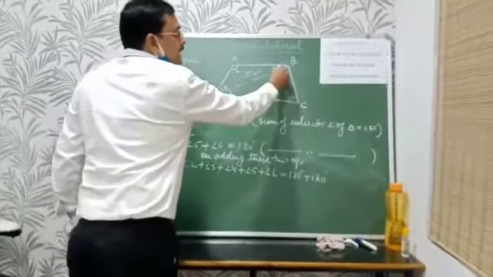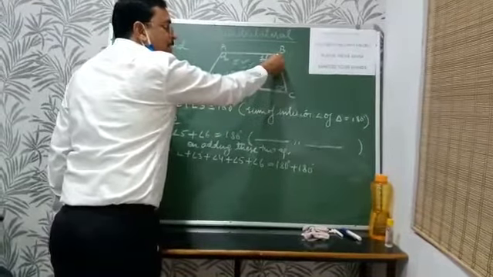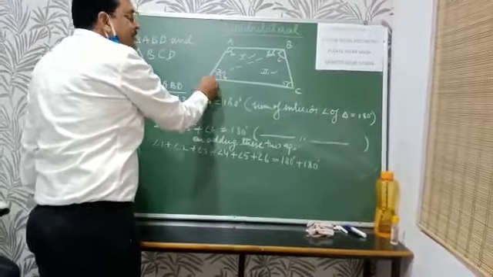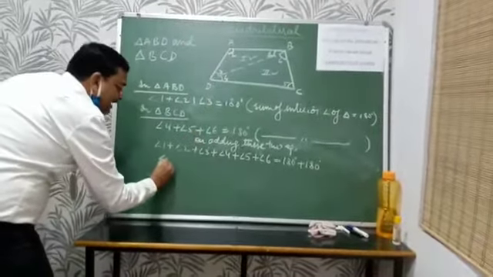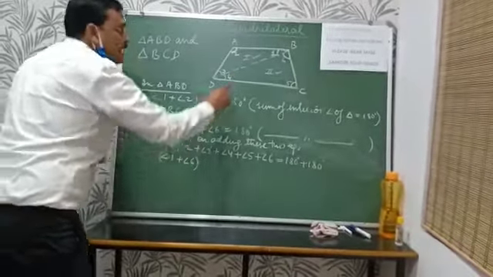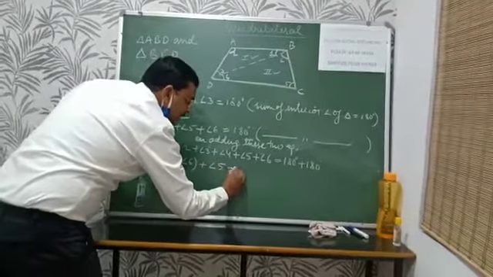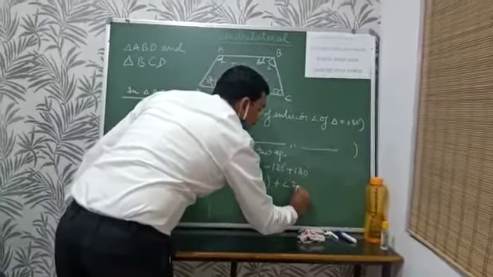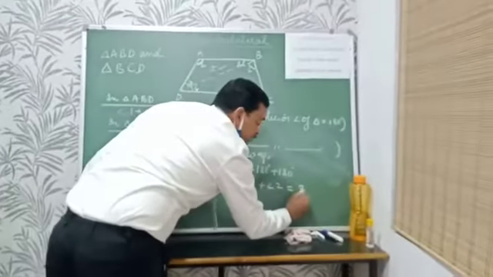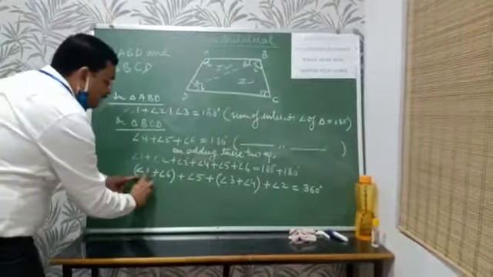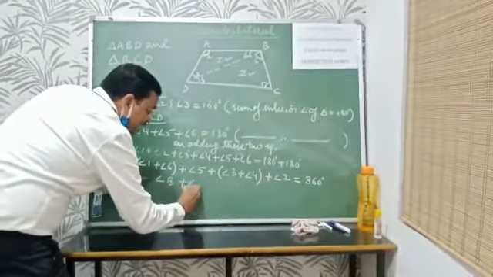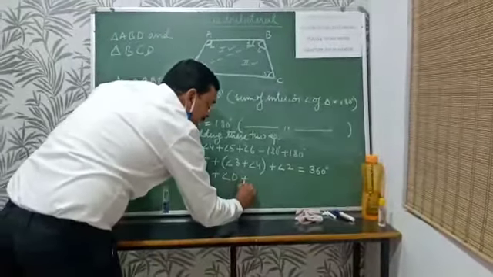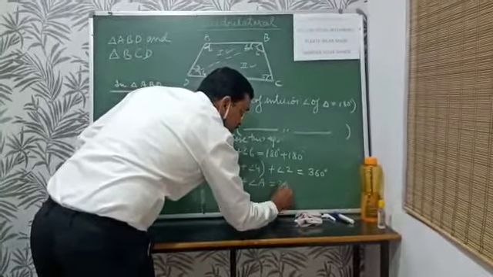Now in the figure, angle 1 and angle 6 make angle B, angle 5 is equal to angle C, angle 3 and angle 4 make angle D, and angle 2 is equal to angle A. So we can write here: angle 1 plus angle 6 is equal to angle B, angle 5 is angle C, angle 3 plus angle 4 is angle D, and angle 2 is angle A, is equal to 180 plus 180 is equal to 360 degrees.